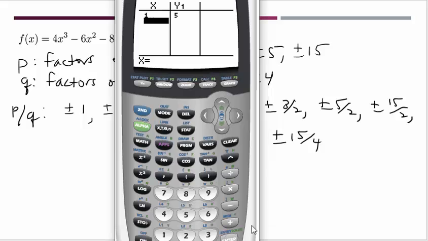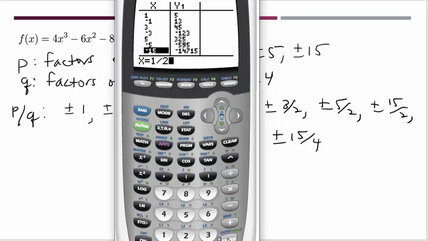Okay, and we're just going to start entering these potential rational zeros. So 1, -1, 3, -3, 5, -5, and 15, -15. Okay, what we're looking for is a y value of 0. So far, none of those worked. But continue.